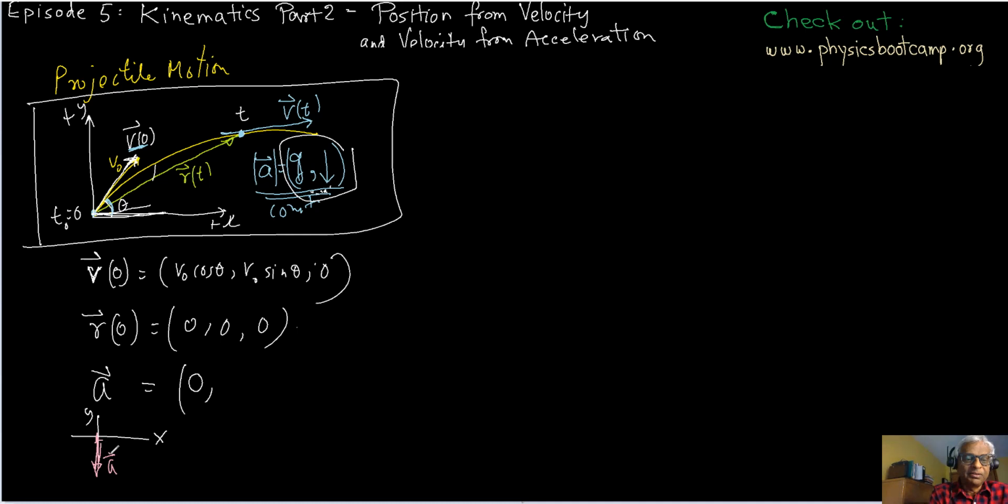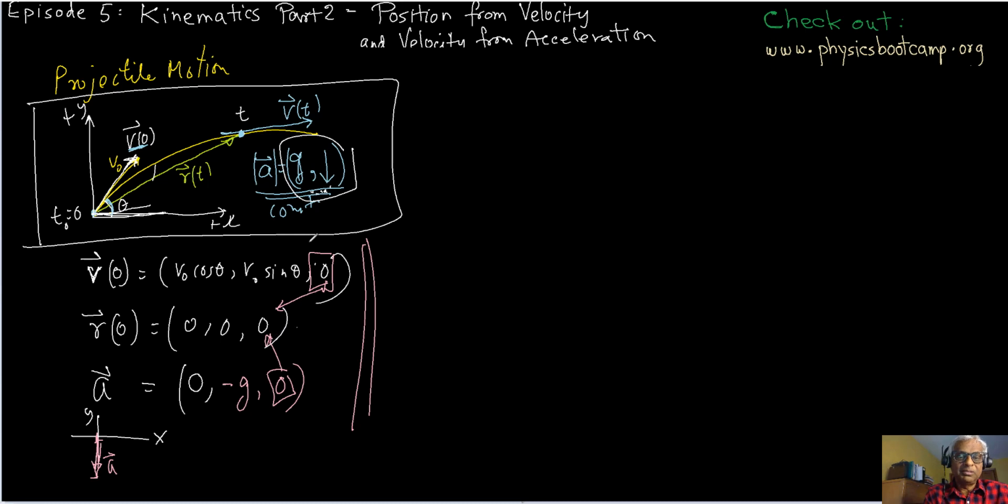This is the acceleration vector. So it's got a negative component in y and no component in x, so it's going to be (0, minus g, 0). Okay, so we already saw a couple of times that because this is 0 and this is 0, the z component all remains 0. So I don't have to worry about the z-axis at all.